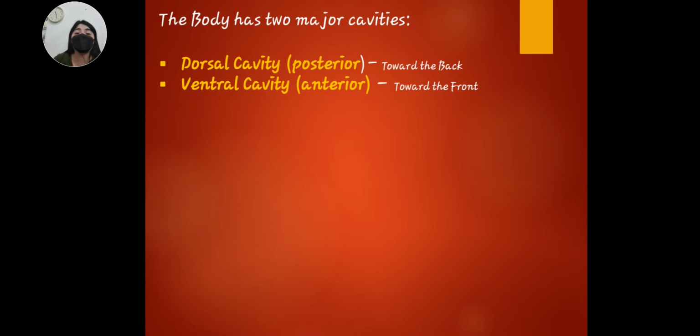It is the same with anterior and posterior. That is why I highlighted the part in the illustration: the dorsal is the same as posterior, toward the back, and the ventral is the same as anterior, toward the front. Okay?